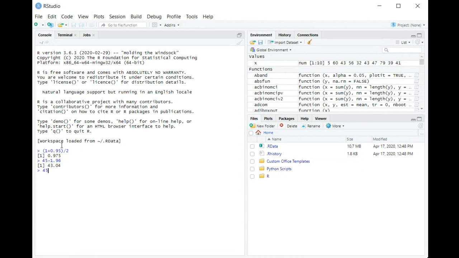Let's try it the other way. Because 1.96, and then in this case it would be times 5 because the standard deviation is 5, divided by the square root of n, which would be in this case of, I believe it is 25.